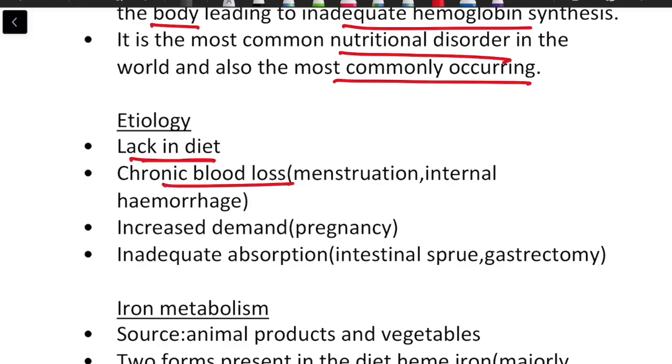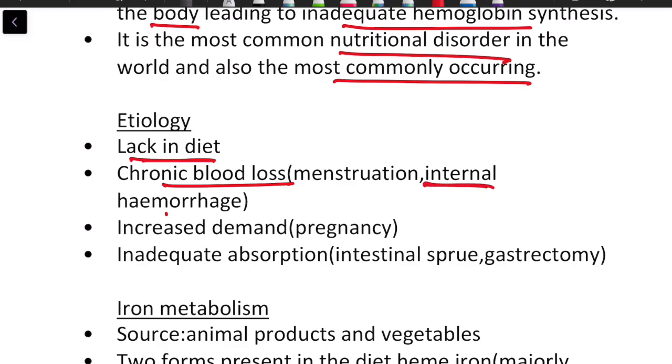Or if there is chronic blood loss which is occurring for a very long period of time but has gone unnoticed. In a menstruating lady, she is losing blood every month, and if she is not taking an adequate amount of iron in her diet, then that can cause iron deficiency.